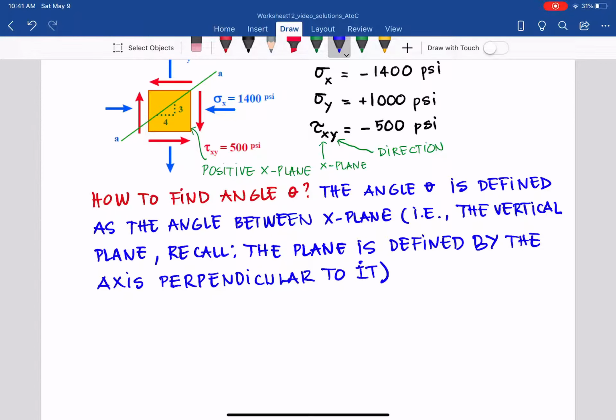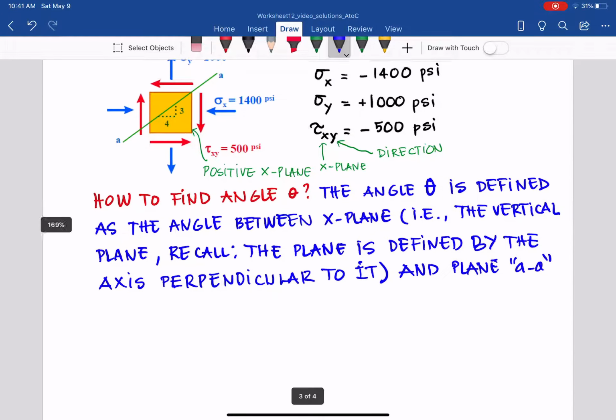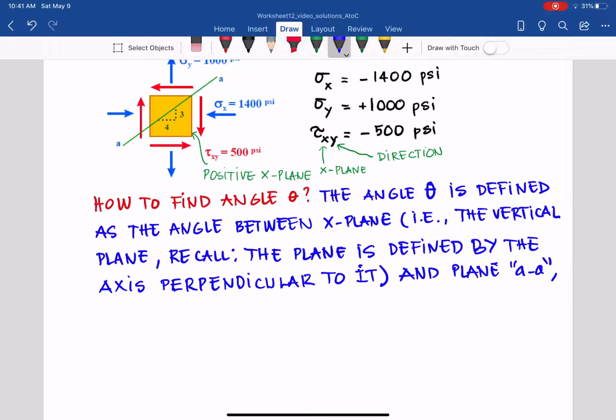Keep that in mind. From that you see the angle theta is defined as the angle between the x plane, you already know what the x plane is, and plane AA, the plane AA defined in the problem. And when is theta positive or negative?